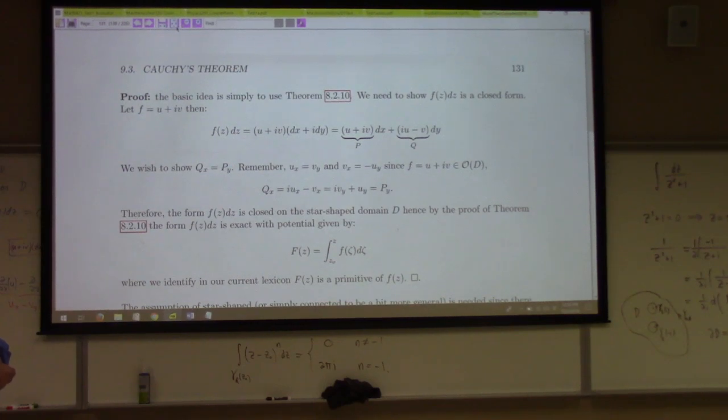So Cauchy-Riemann equations implies that that's a closed form. Consequently, being star-shaped, it's exact. And the proof of theorem 8.210 said that you build the potential form by integrating the closed form in this way, and that gives you the potential function. And this is exactly why I wrote down the integral definition of logarithm at the start of class today. It's just an application of this construction.